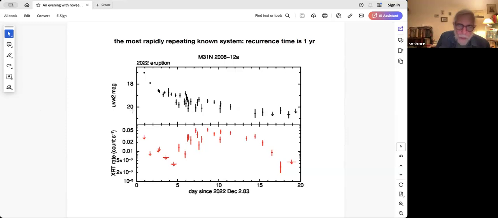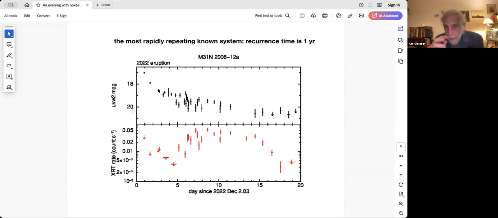This is in the UV, but 20th magnitude is pretty faint, and it's in another galaxy. So you have 1 arc second being roughly 10 parsecs. Okay, so the whole solar neighborhood fits into your PSF. That's not good if you're trying to identify a source.